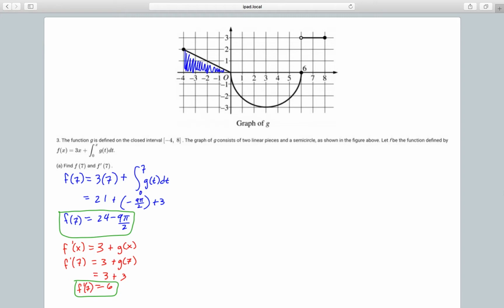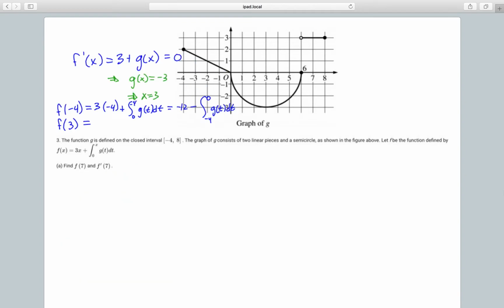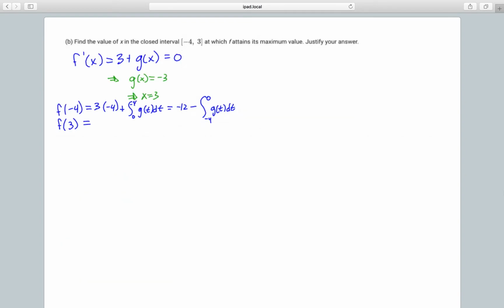And that area is just going to be half the base times the height, so half 4 times 2, which is equal to 4. So we get negative 12 minus 4, negative 16.